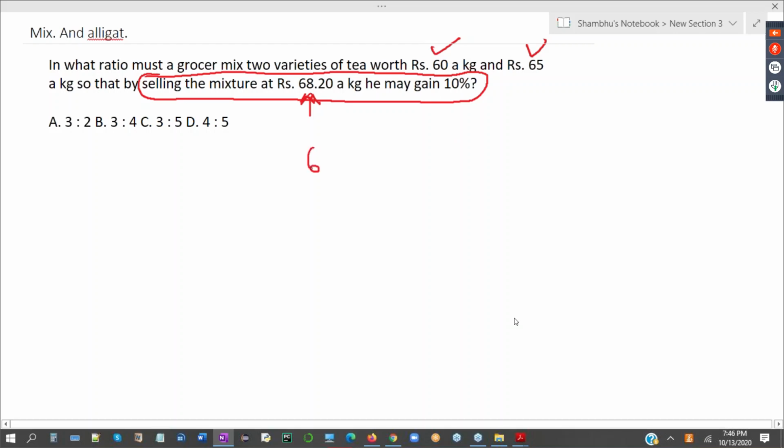So see here, two items are given, 60 and 65, but the mean price is not given. Listen very carefully. Mean price will be CP.